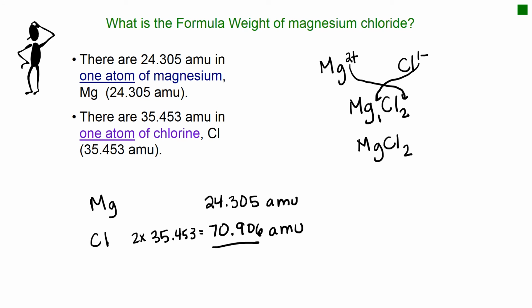When we add those up, we get 95.211 AMUs. And that represents the mass of a single individual molecule of magnesium chloride, if you could do that, but you can't.